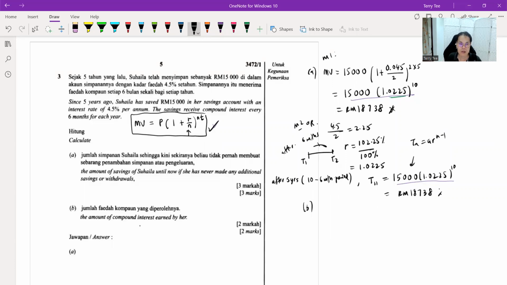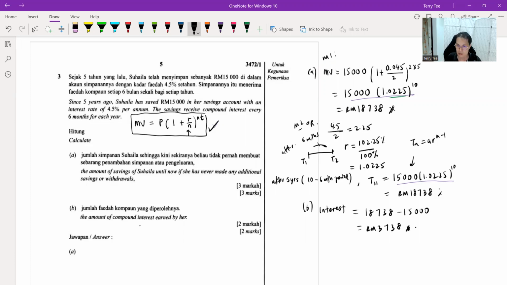Okay, next one. The amount of compound interest earned by her. Okay, this is very simple because she put in 15,000. She got back 18,738. So what is the amount of interest that she earned? Her interest is 18,738 minus 15,000. So she actually earned 3,738. Right? If you want more decimal points, you can actually write more.